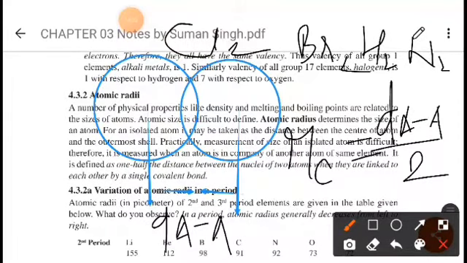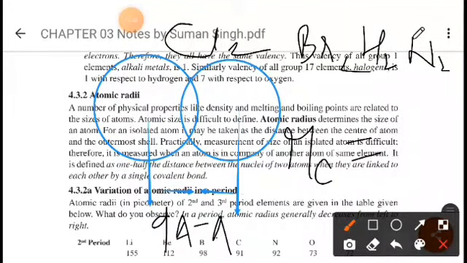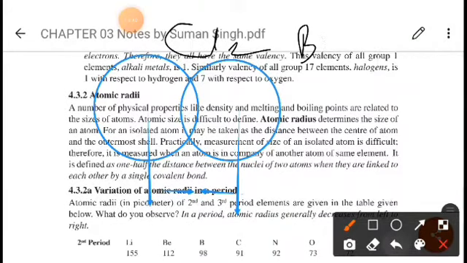Now for heteronuclear diatomic molecules, we will use a different formula.